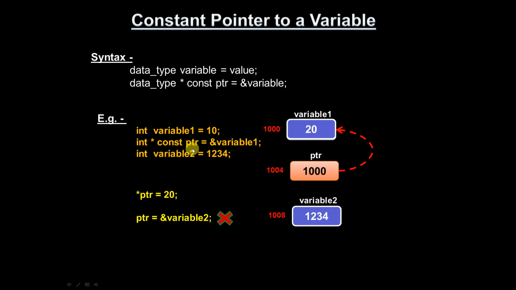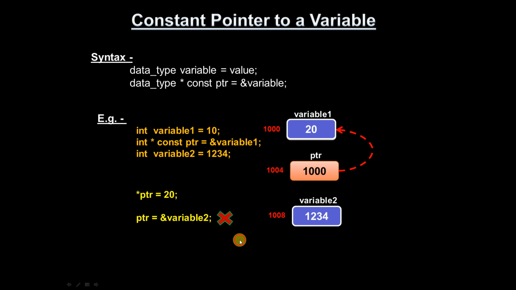Declaration and definition has to be present in the same line. So when you have a constant pointer to a non-constant variable, wherever it is pointing, that particular value you can change, but you cannot make your pointer point to some other variable. That is an illegal operation.